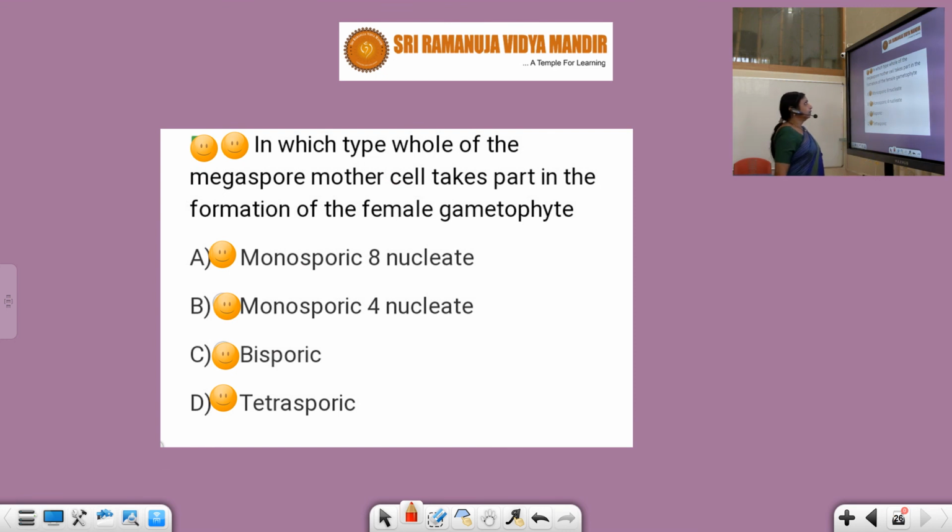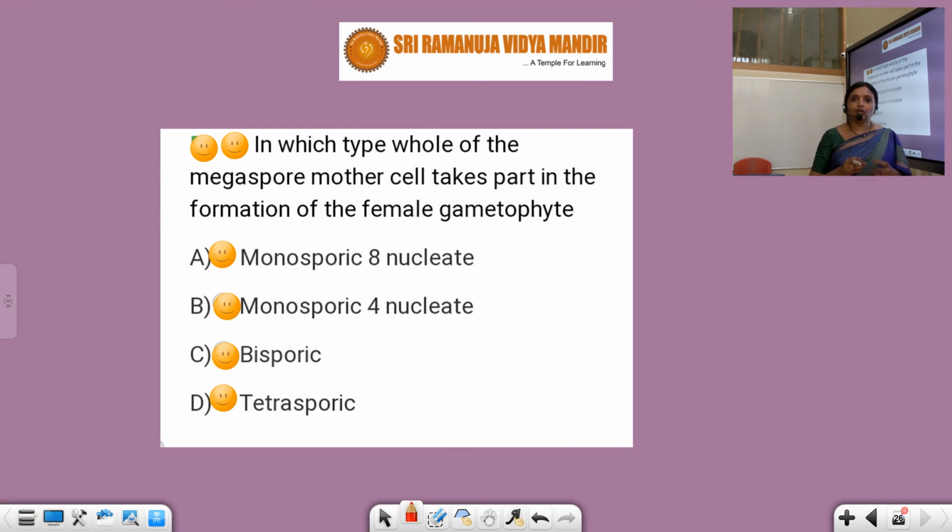Next, in which type does the whole of the megaspore mother cell take part in the formation of the female gametophyte? So this question is also very interesting. Just now we discussed that the embryo sac is of 3 types. In 3 ways embryo sac is formed. If one megaspore is functional and participates in the formation of embryo sac, this is called monosporic.